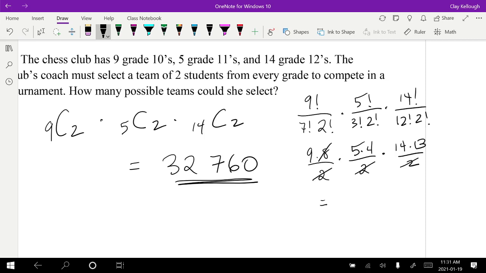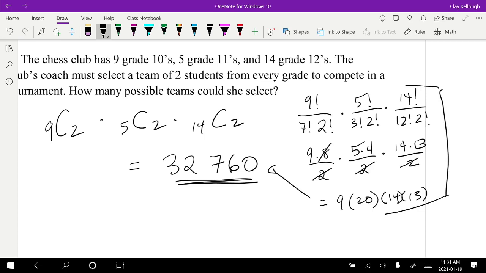That makes life a little easier. But I don't think without a calculator I can do 9 times 20 times 14 times 13. But run that through the calculator, it should be the same answer. That's what I would do if I didn't have a combination function on my calculator. Okay? And I'm pretty good with numbers, so I can do that stuff very quickly. If you're not, hopefully you've got the right button on your calculator.